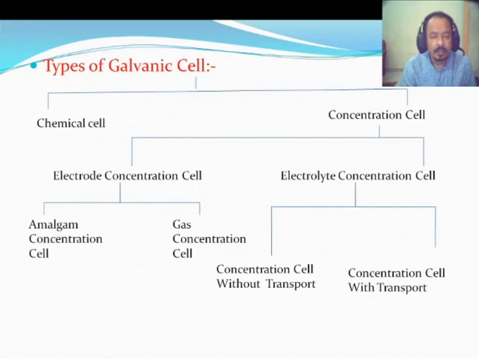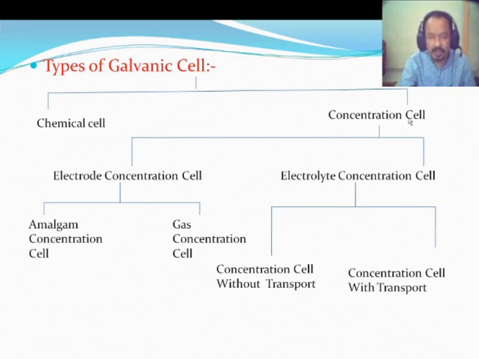Now the next point is the types of galvanic cells. The galvanic cells are divided into two types on the basis of generation of EMF. For example, if EMF is generated by means of a chemical change, then it is called a chemical cell, and if electricity is generated by means of physical change, that is, by means of a change in the concentration of either the electrode or the electrolyte, it is called a concentration cell.